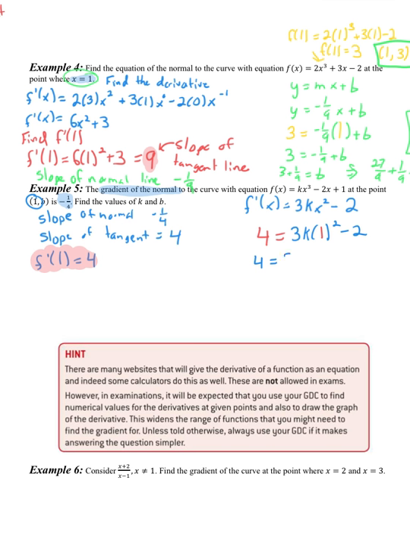So 4 equals 3 times k times 1 minus 2. Add 2 to both sides, I get 6 equals 3k. Divide both sides by 3. And I'm going to get k equals 2. That's the first part.